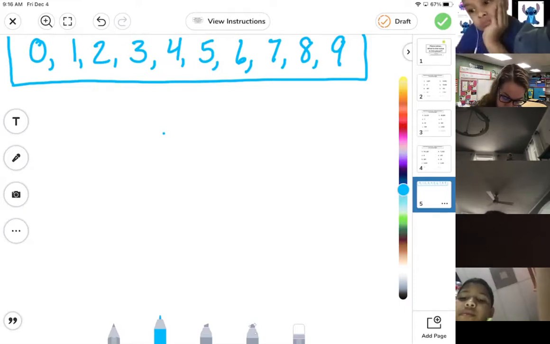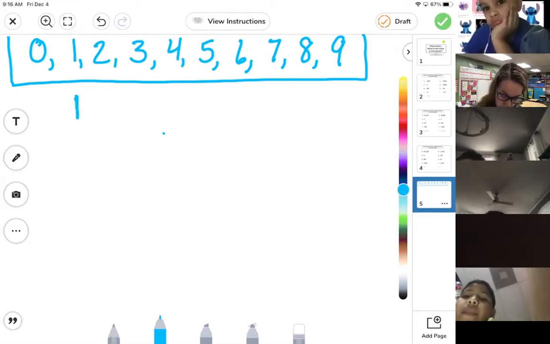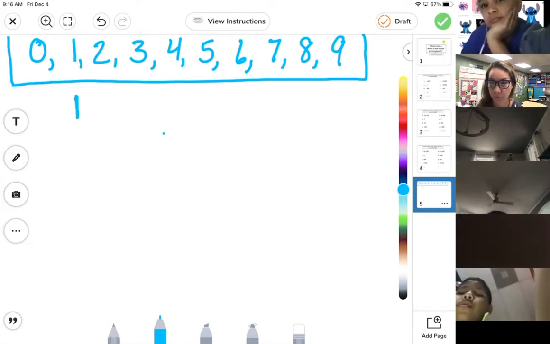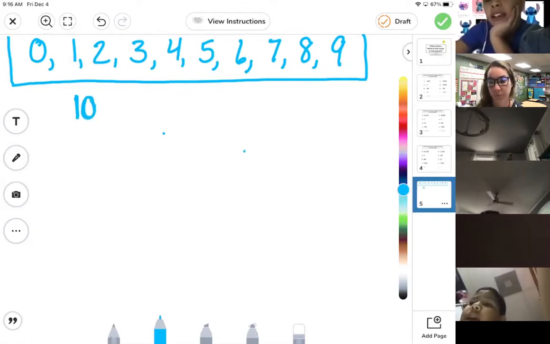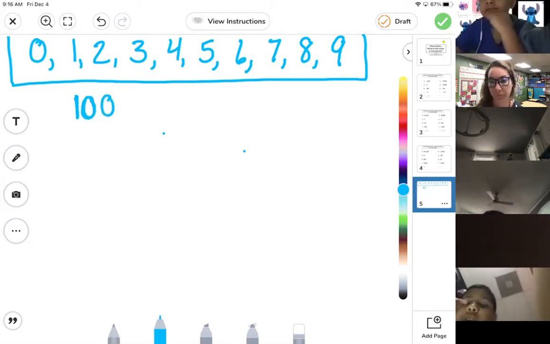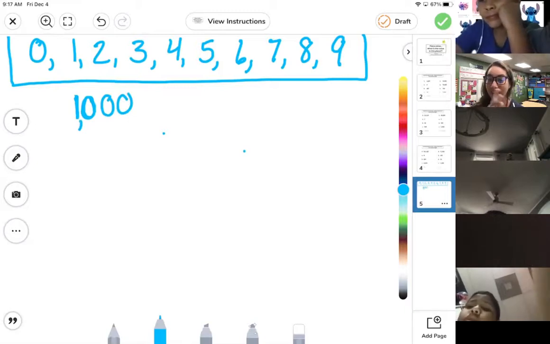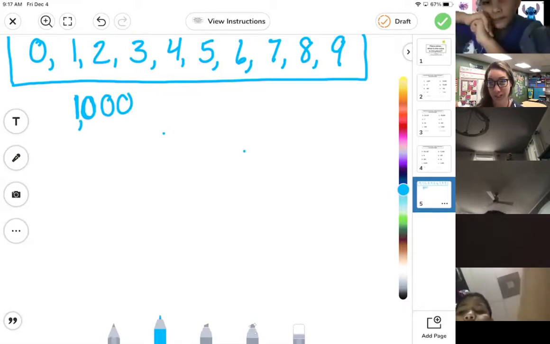Right now, this one is only a 1, right? What is it now? 10. What about now? 100. What about now? 1,000. Okay. So do you see how the place that the number is in changes it?